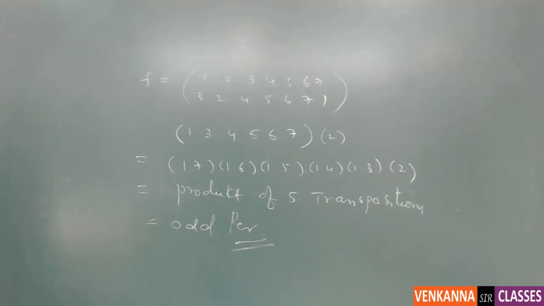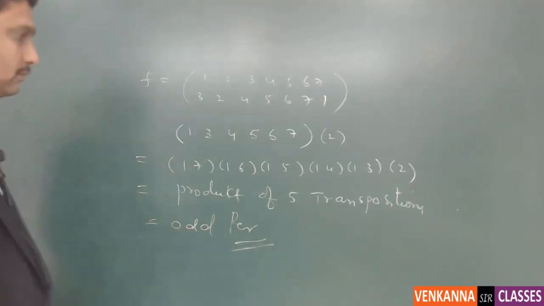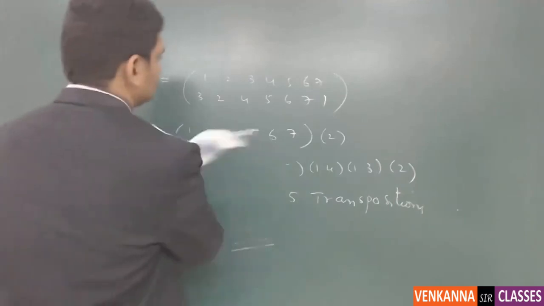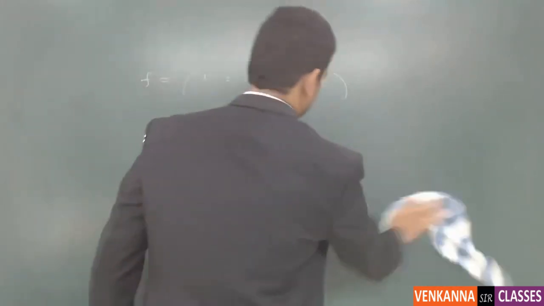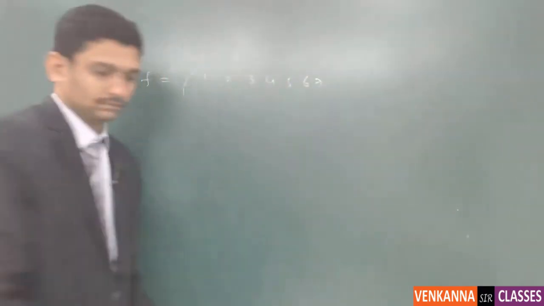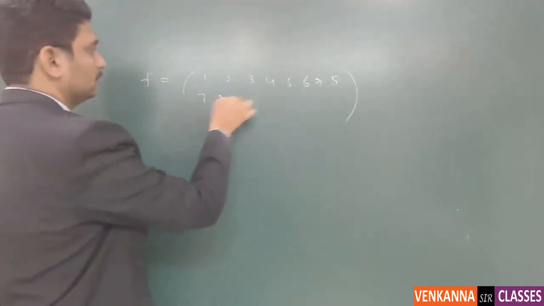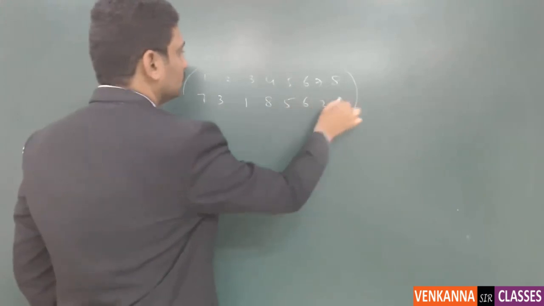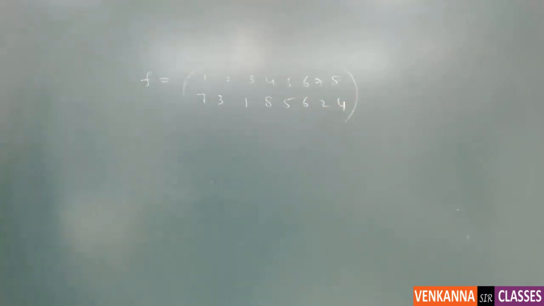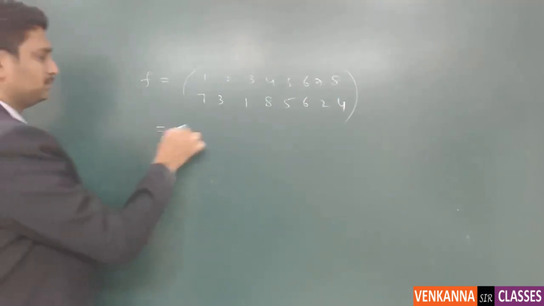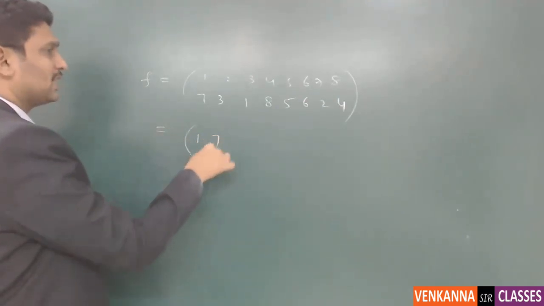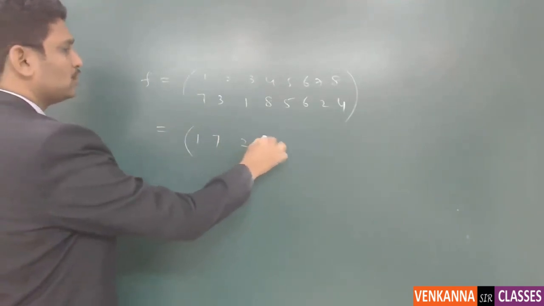Now, if you want to take another example, you take the values as follows. Now let us write the cycles here first. For 1 it is 7, for 7 it is 2, for 2 it is 3, for 3 it is 1.